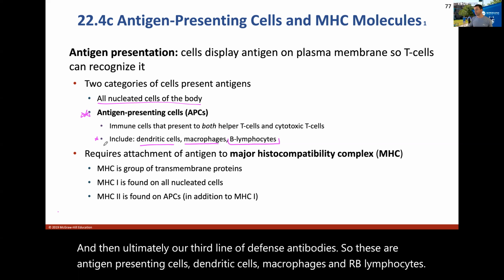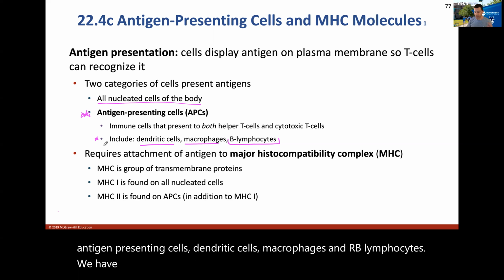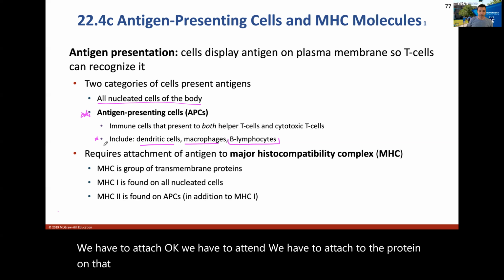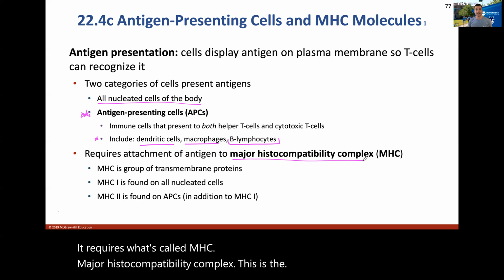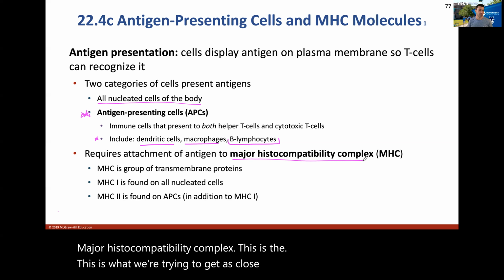We have to attach, okay? We have to attach to the protein on that surface. So it requires what's called MHC, major histocompatibility complex. This is what we're trying to get as close to 100% match on when we do transplants, MHCs.